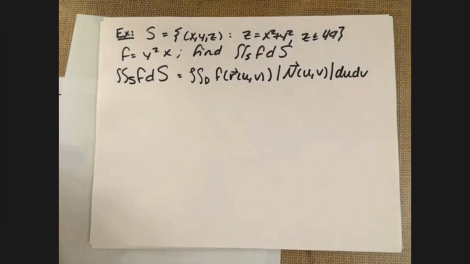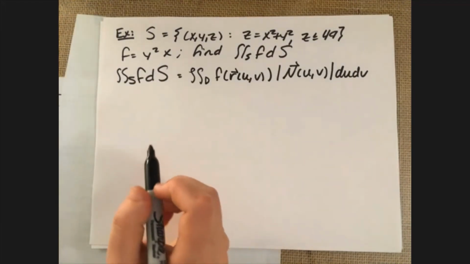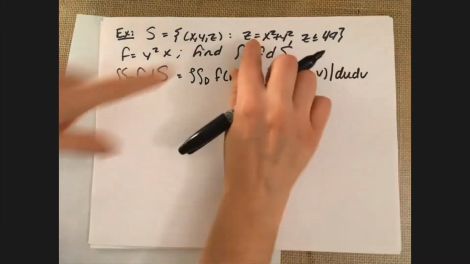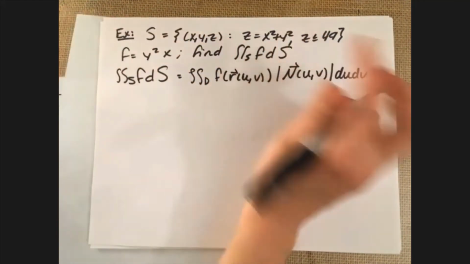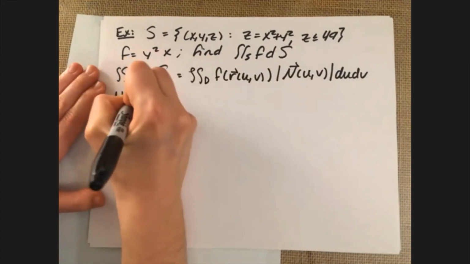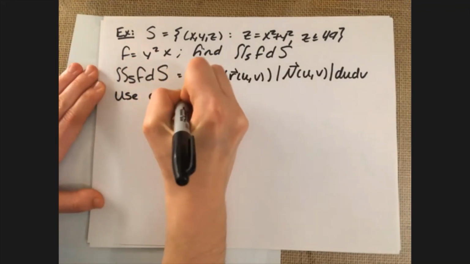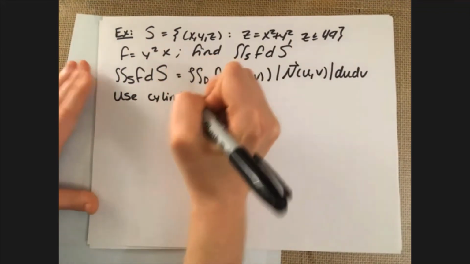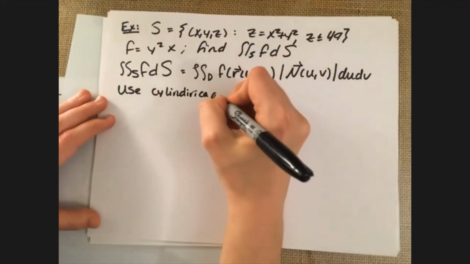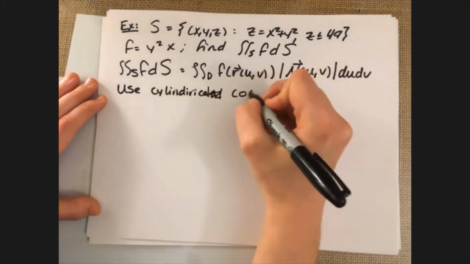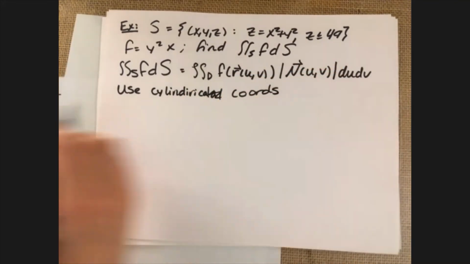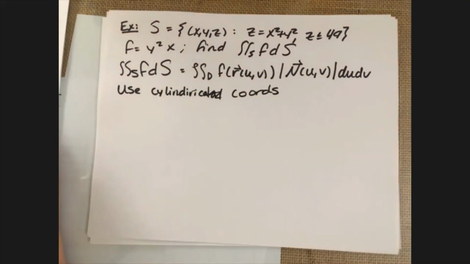Now, for this surface, because we have x squared and y squared and just z, we're going to want to use cylindrical coordinates. We're going to use a lot of the same identities that we did earlier.